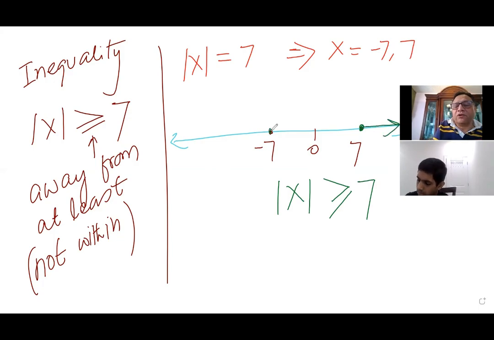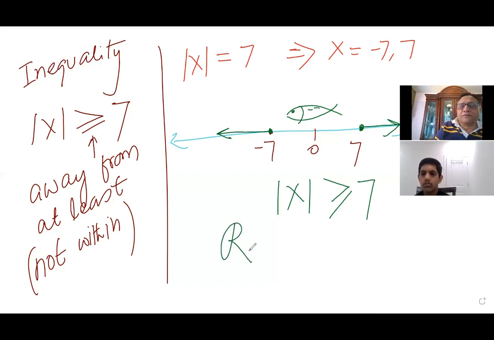Do you see that, away from the fish market? I do not want to be within this. So that is how an inequality can be visualized. And remember, if you have to solve an inequality, it is a good idea to solve it as an equation first and then look for a region of solution, right?